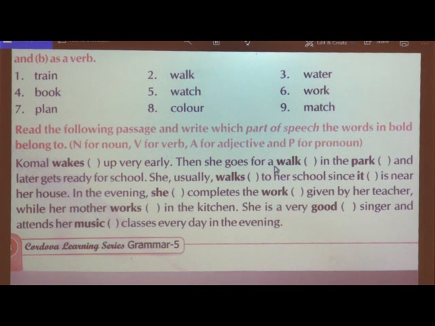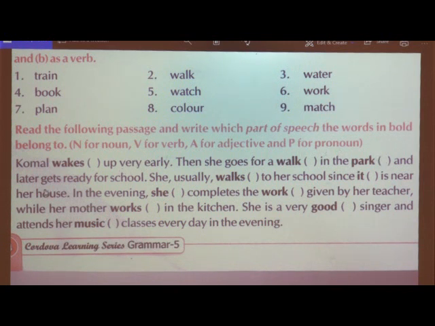Walk is what? It is a noun, it is one name. So here you write capital N. In the park, park is also a noun, the name of a place. So you write N over here because it is a noun.